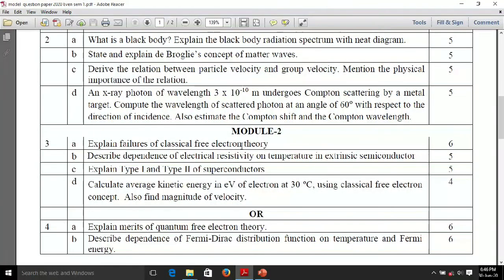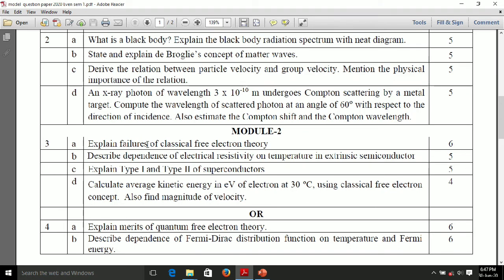For example, in module number 2, you can observe that classical and quantum free electron theories are discussed in the first half of the syllabus of module 2, and in the second half we had discussed the superconductors. But while framing the questions, we have selected questions from both the parts.